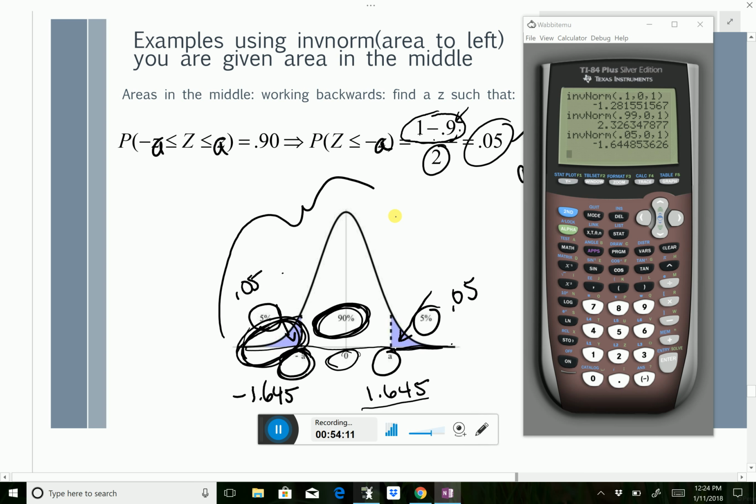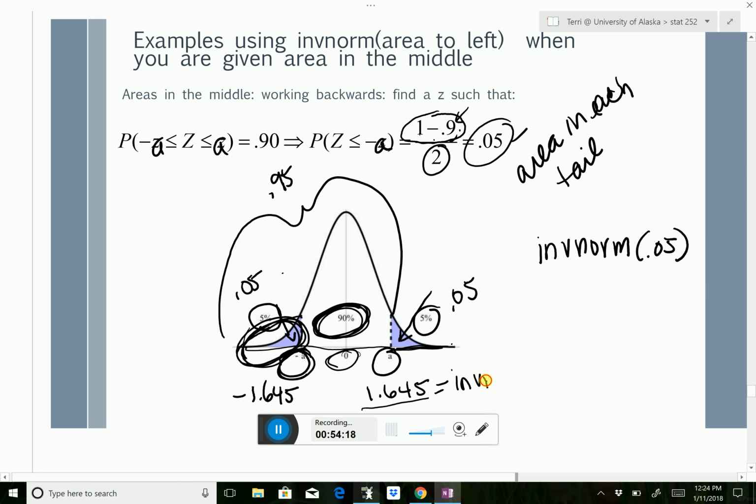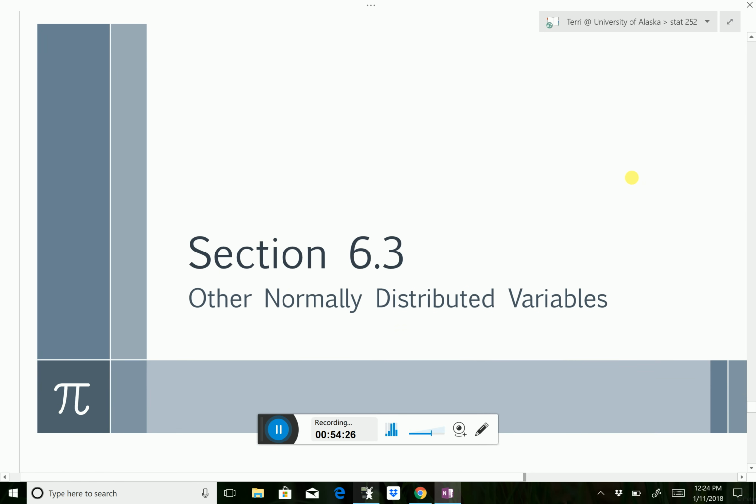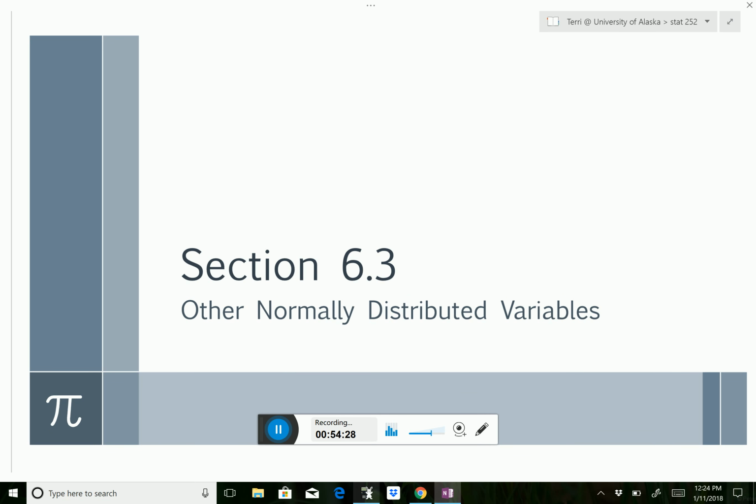So this whole area right here is 0.95. So for this one, I would use inverse norm of 0.95, which we've already done. Okay, so next time we'll start talking about other normally distributed variables.